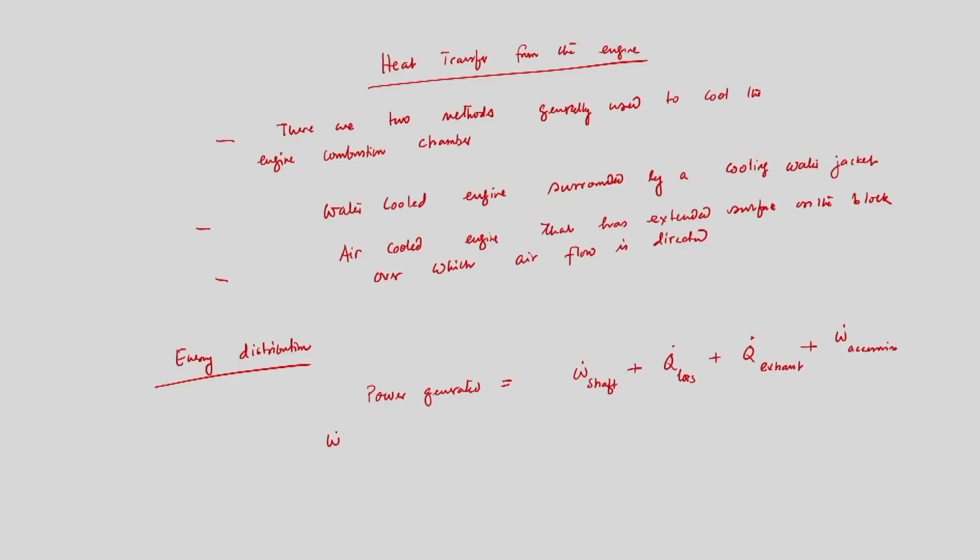W dot shaft is the brake output power, the power we get from the crankshaft.